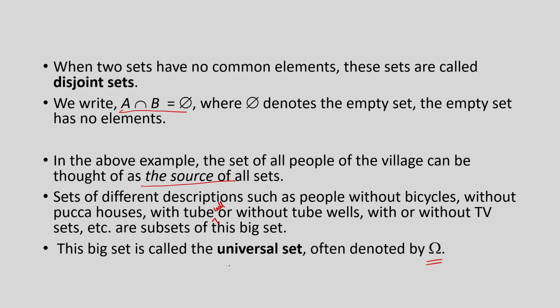This is called the universal set. So, in this example, all this A, capital B, and one can think about capital C, capital D, all of them belong to the universal set gamma. And what is gamma? Gamma is the people of that particular village.